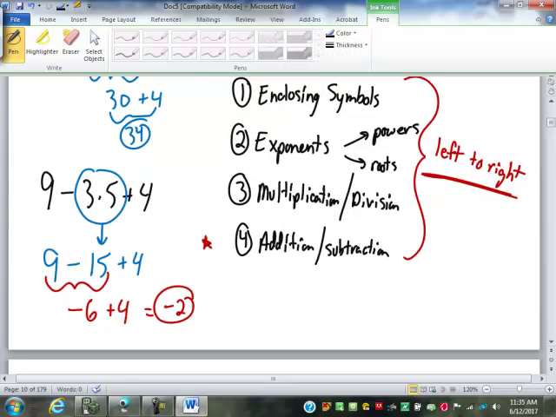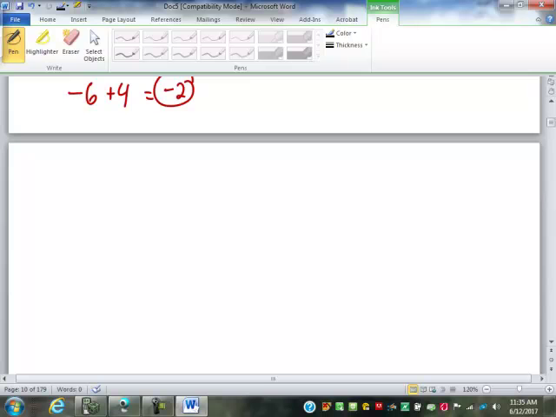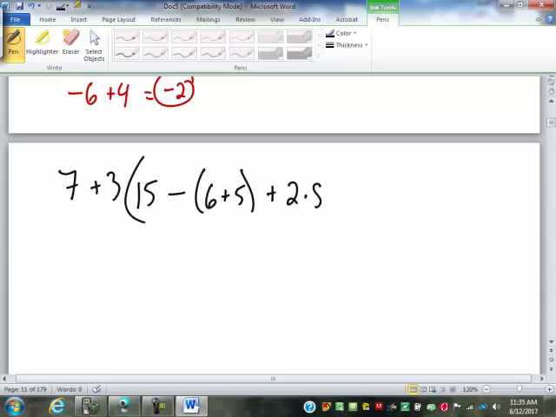Let's give you one just a touch more difficult. So 7 plus 3, and then in parentheses 15 minus 6 plus 5 plus 2 times 8 minus 3 times 2 squared plus 1, close parentheses, minus 5 times 2.